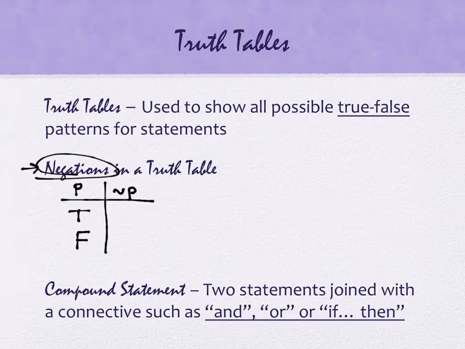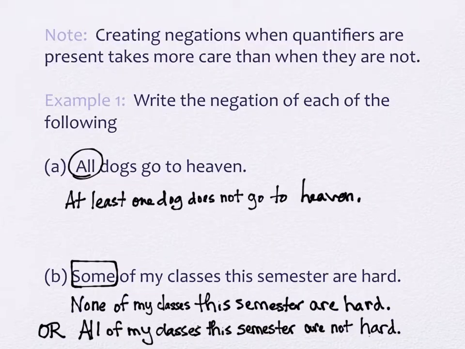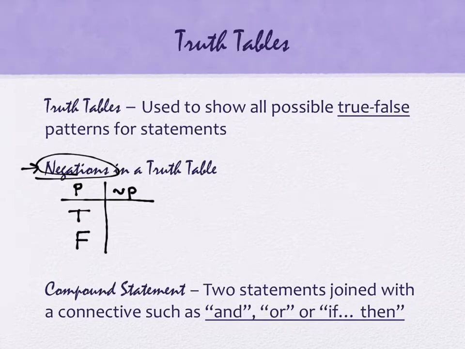Now, the whole deal about negations is that they change just enough that it changes the truth value of a statement, right? These two statements being negations, either pair you want to look at, one of them's true, then the other one is automatically false. That's the deal. So if the statement P is true, then the statement tilde P is false.